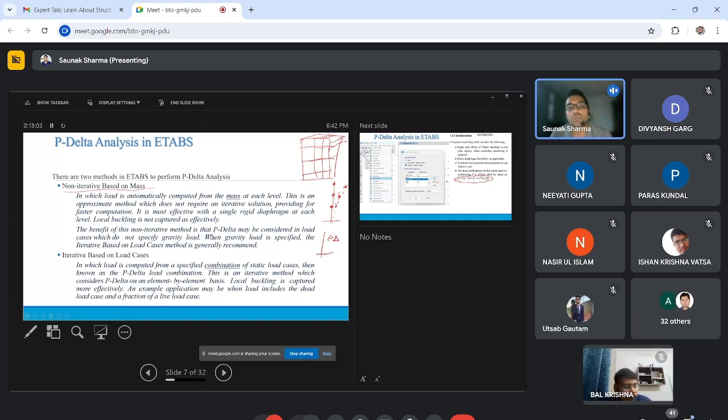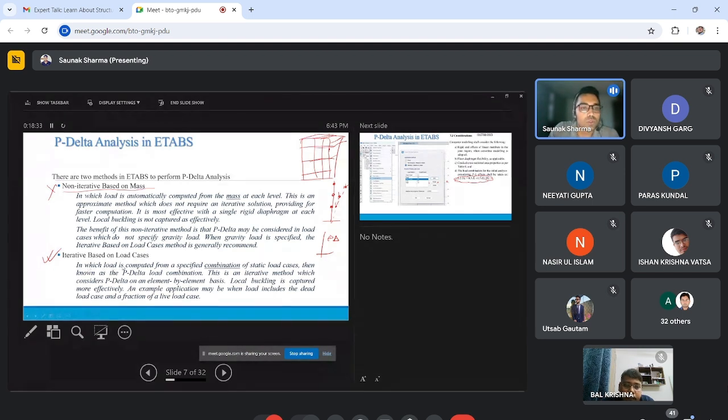The main point here is that every seismic code gives some factor to consider the gravity load while doing P delta analysis. So in real projects, we do not follow this approach. We follow this approach, where it is iterative based on load cases.